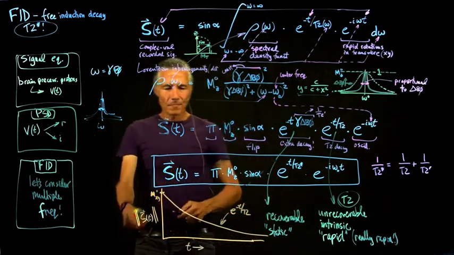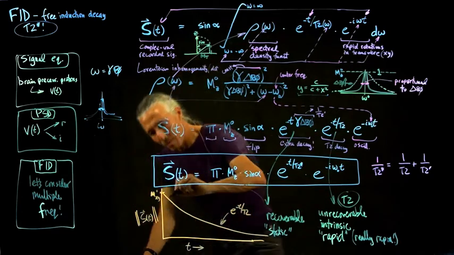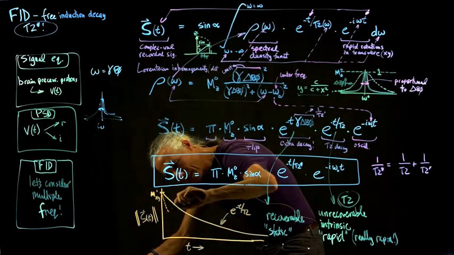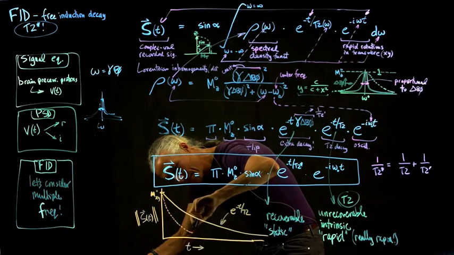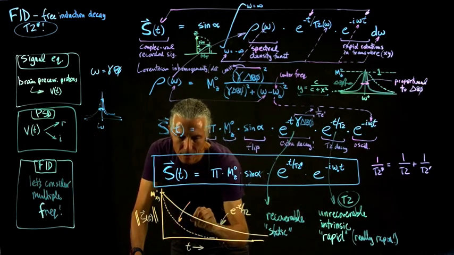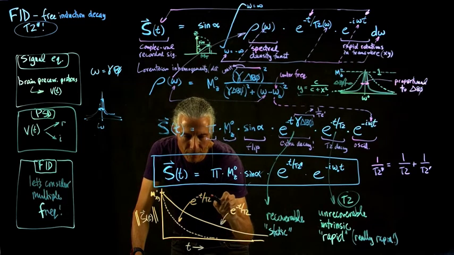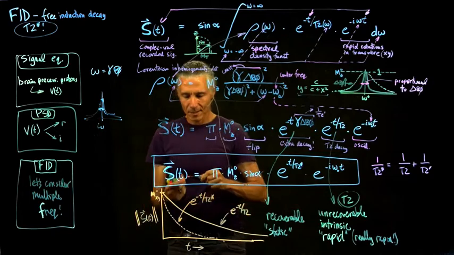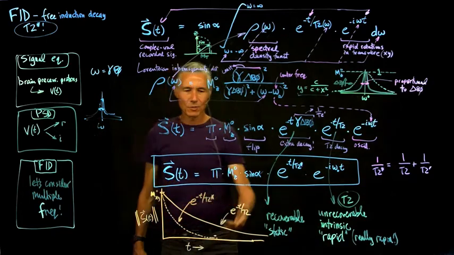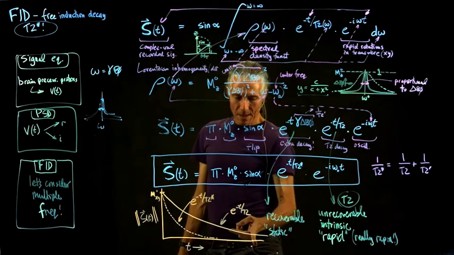So what does this curve look like when it's got the T2 star in it? It's much more rapid. It comes down something like this. So this is e to the minus t over T2 star. T2 star is a big effect. When you make it into a star, there's a huge hit. So what's the implication?